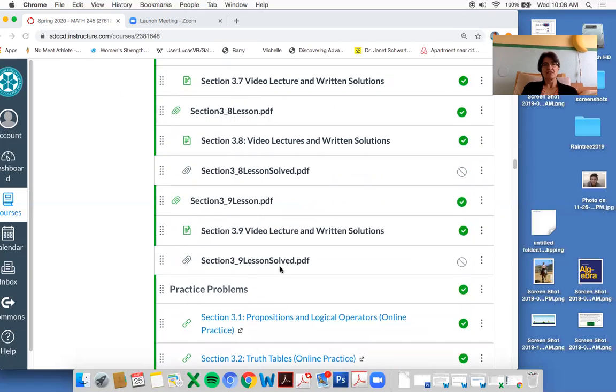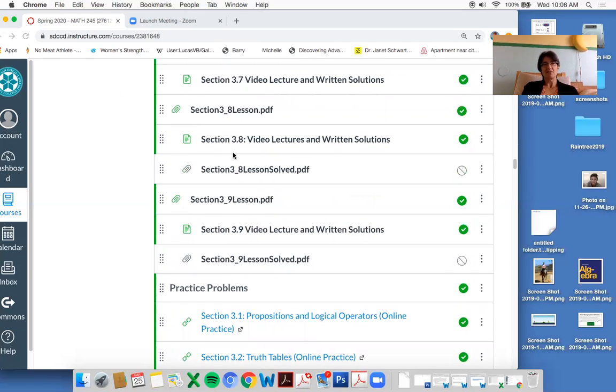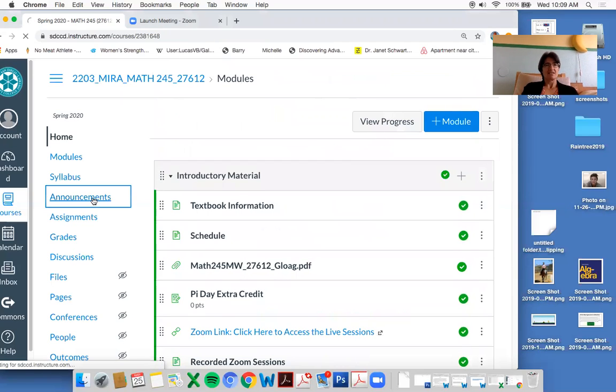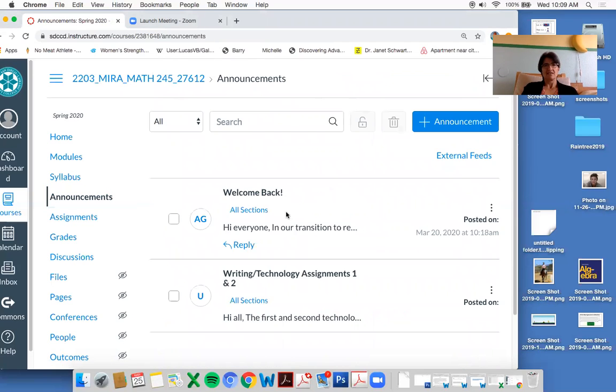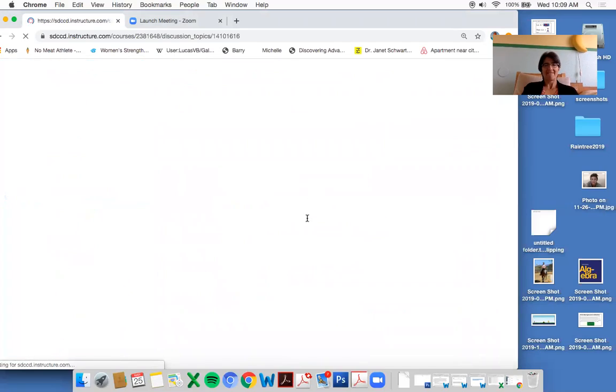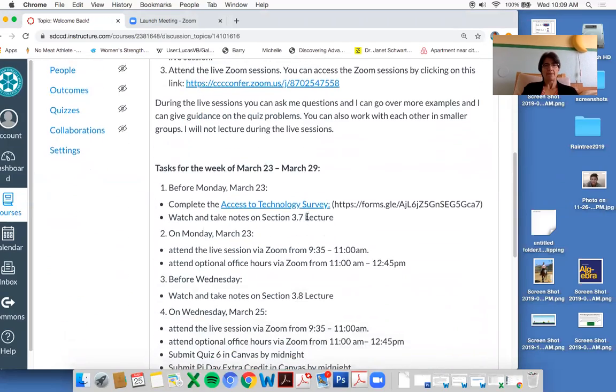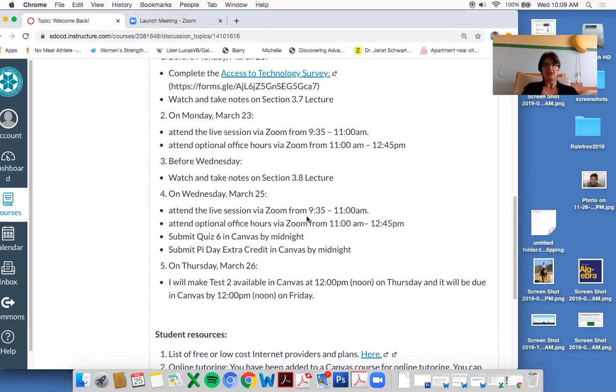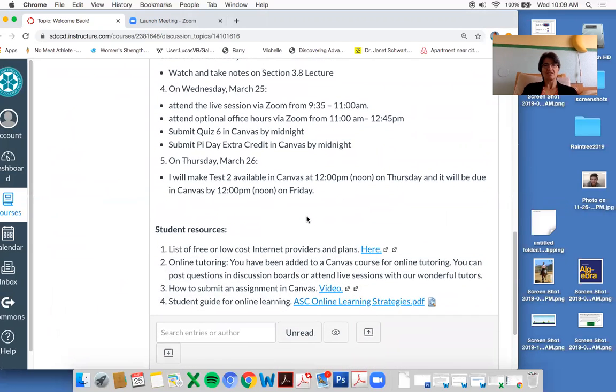All right, so we have a couple more sections in chapter 3. 3.8 is on quantifiers and 3.9 is on proof methods. We're going to look at section 3.8 today.